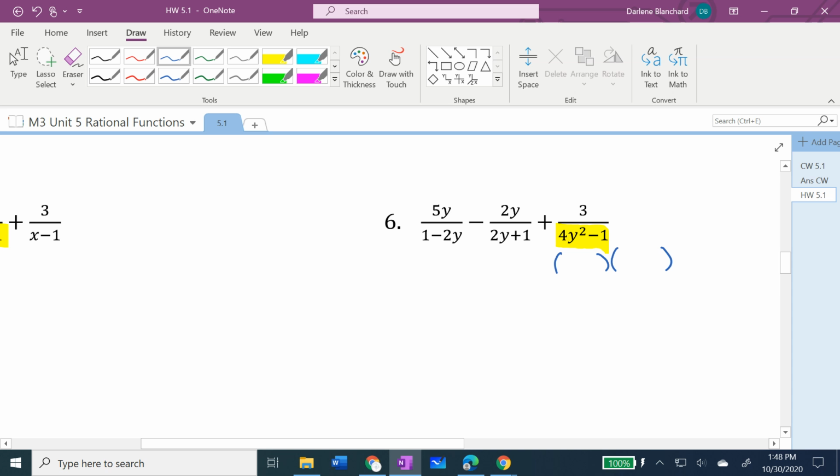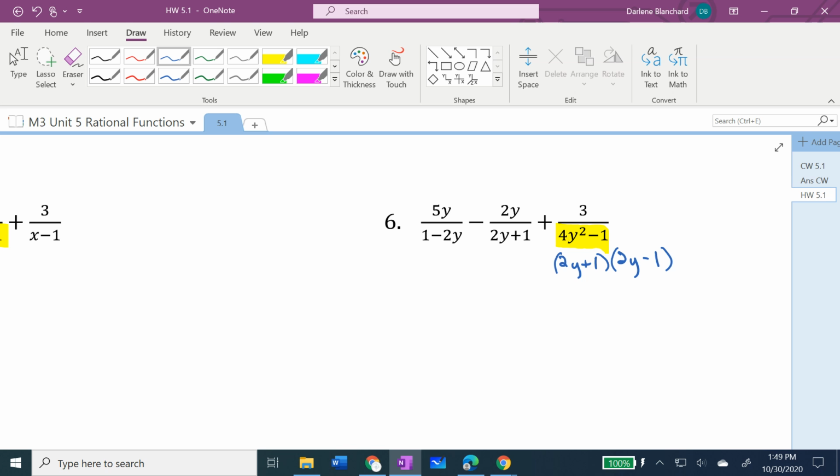So what expression do I need to square to get 4y squared? 2y. You got it. And then what number do I square to get 1? And then one of them is plus, one of them is minus. So you get a pair of conjugates every time you have that difference of squares. You'll notice it when you have 2 terms and a subtraction sign.